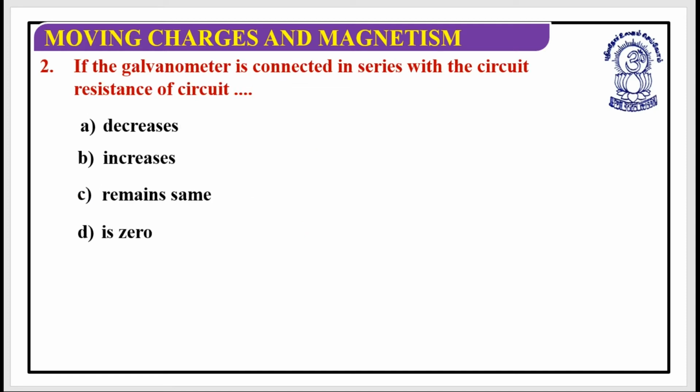Now, let's have a look. Next question. If the galvanometer is connected in series with the circuit, then what will happen to the resistance of the circuit?